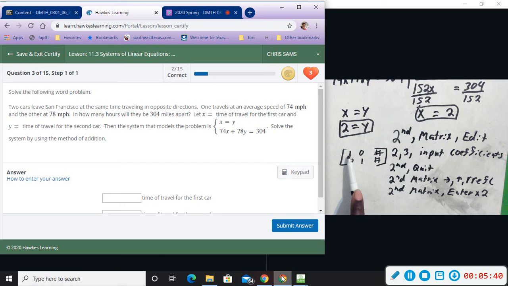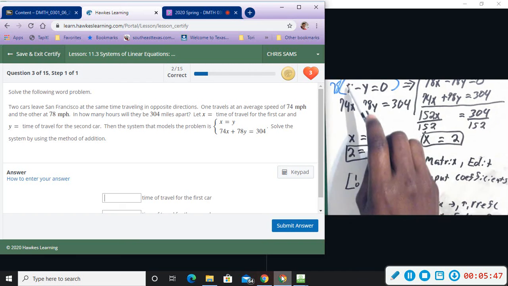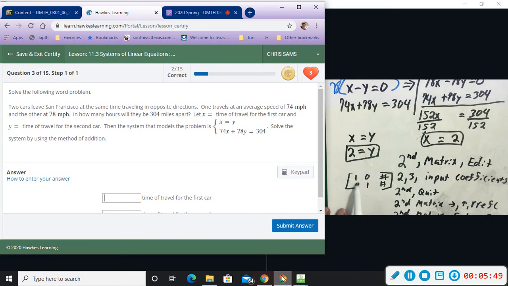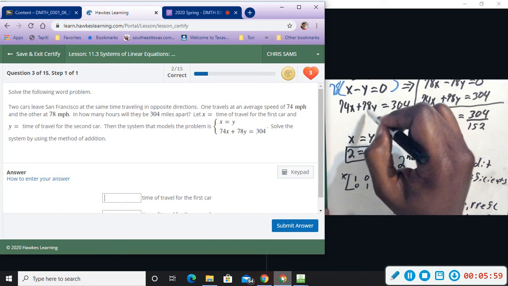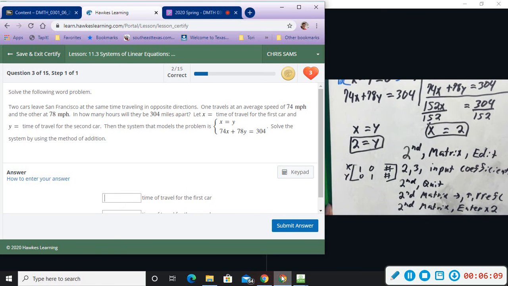But whatever variable was in the first position, so when we lined up our equation, x was in the first position. So this first column where there's a 1, this row is telling you the x solution. In the second column, we had y lined up. So this one is telling me the y solution. And we should see a 2 here, and we should see a 2 here. Okay, so let's do that.